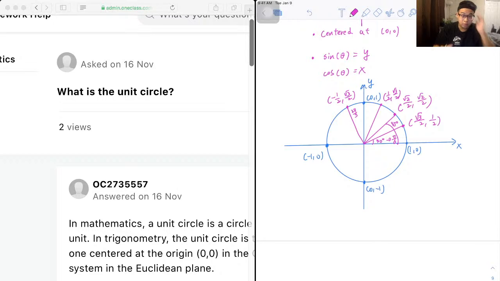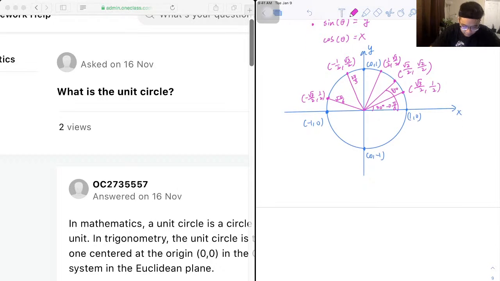Recalling that because we're at quadrant 2, the x-coordinate should be negative, while the y-coordinate should remain positive. Right. So another example, let's say we got 150, which is 5 pi over 6. And the coordinate is negative root 3 over 2, 1 over 2.